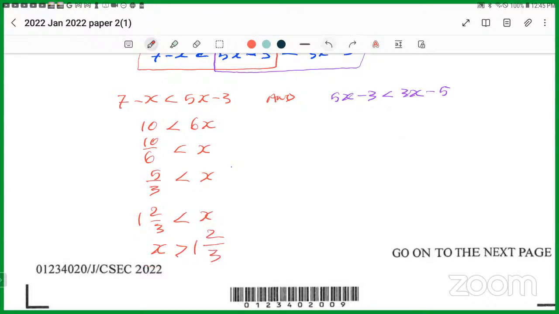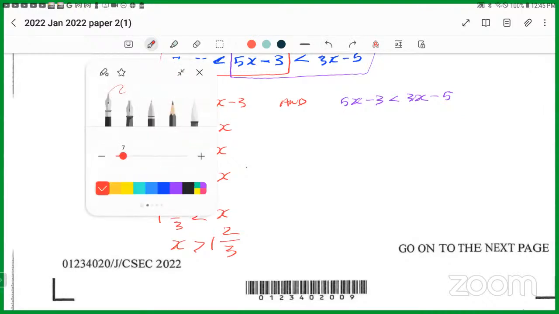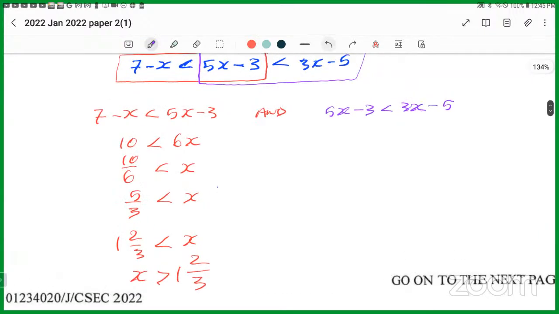I'm going to show you how to put them together. And then I'm solving this one now that is in purple. You have to combine the answers and see what the final answer is. I'm going to transpose this 3x over here and subtract it, so I get 5x minus 3x when I bring this over. This side is less than still.